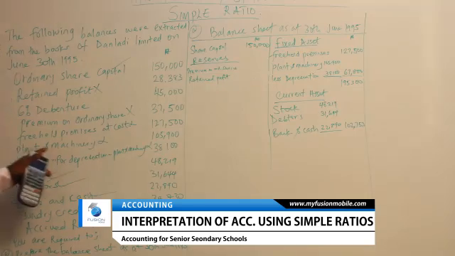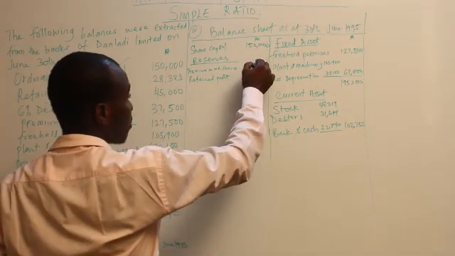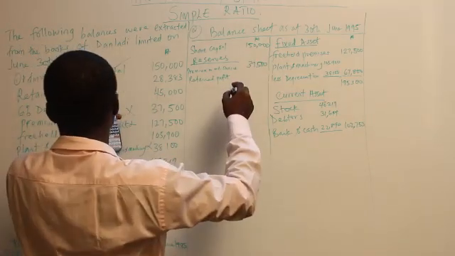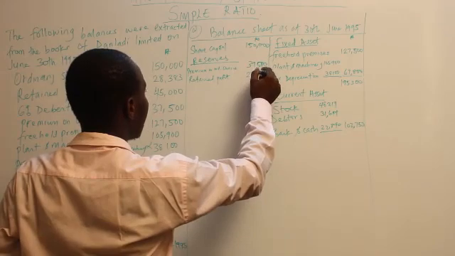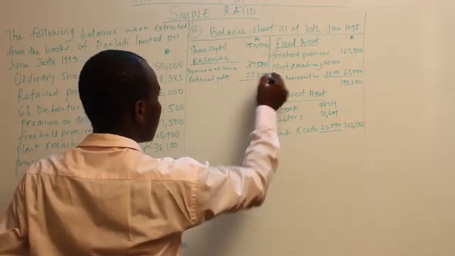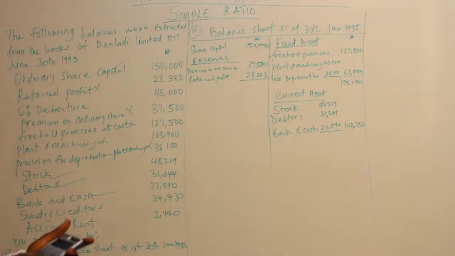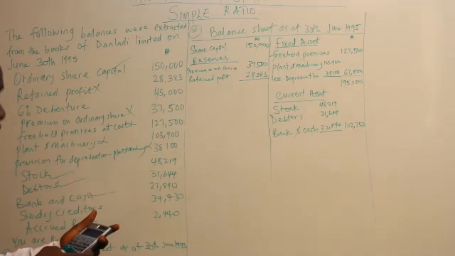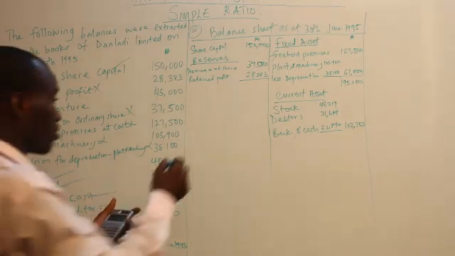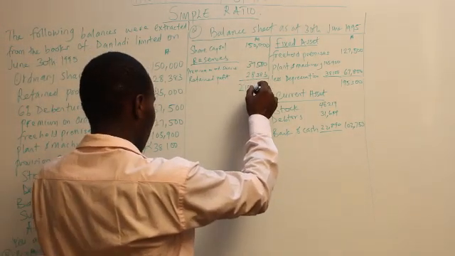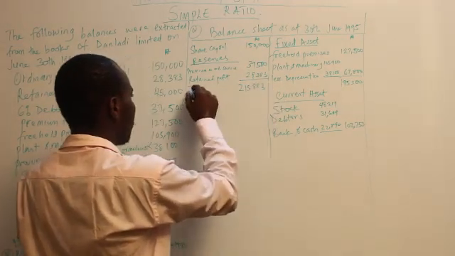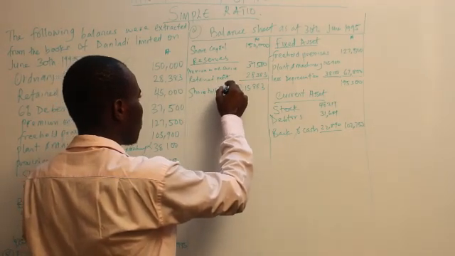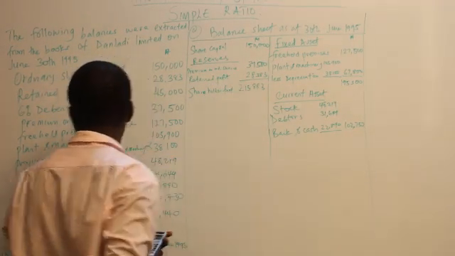Okay, premium on shares is 37,500 and retained profits are 28,383. So we can add everything together: the share capital 150,000 plus 37,500 and 28,383, and you have 215,883. That will be the shareholders' fund.